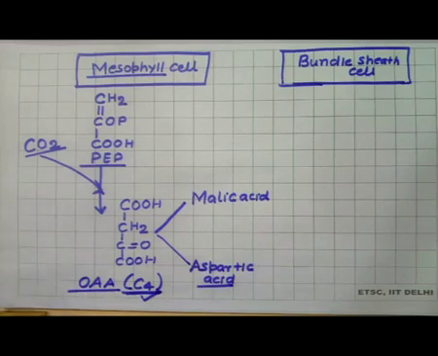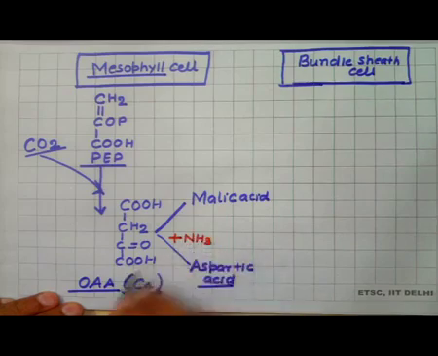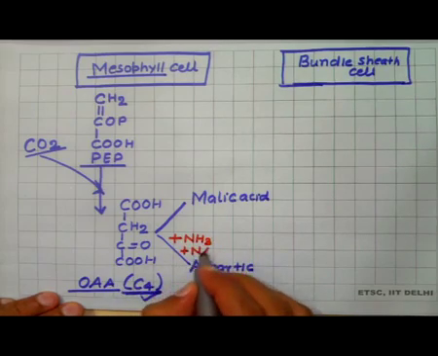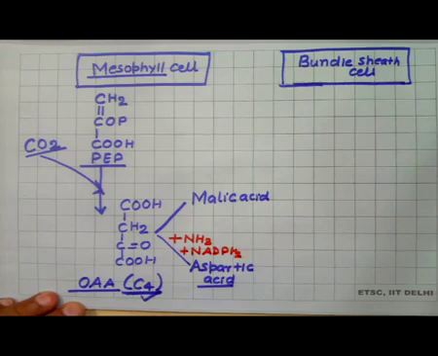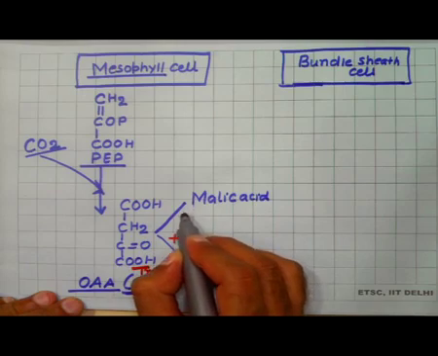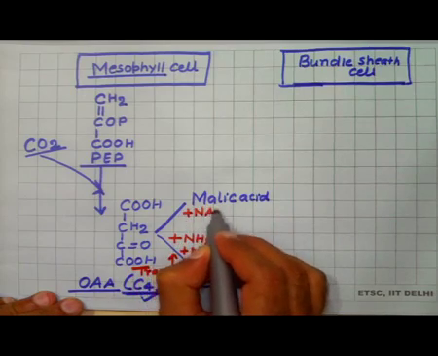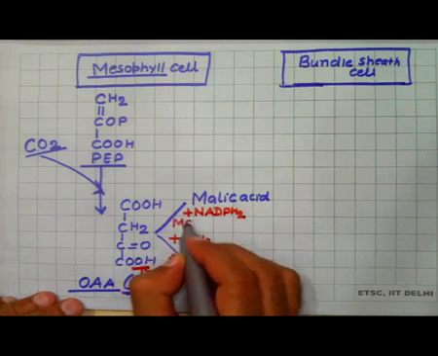Aspartic acid is formed when there is the presence of ammonia and NADPH2. Here the enzyme involved is called transaminase. And malic acid is formed when ammonia is not available, only NADPH2 is there, and the enzyme is malic dehydrogenase.